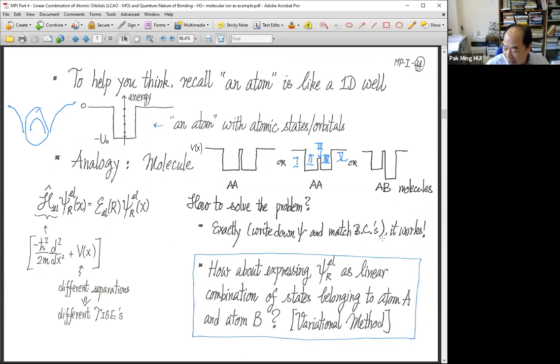And then you use boundary conditions to connect them up. Then you have a set of equations from which you can solve for the allowed energies. Okay, do you follow what I'm saying?